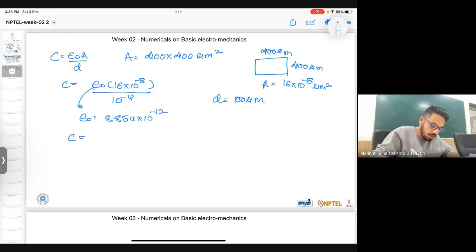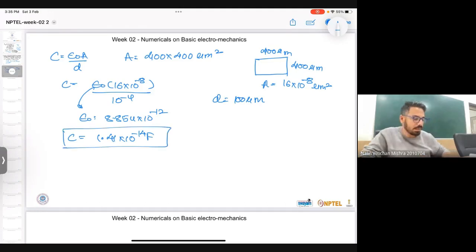So the capacitance will be 1.41 into 10 to the power minus 14 farads. So everyone is getting the same answer? I hope.